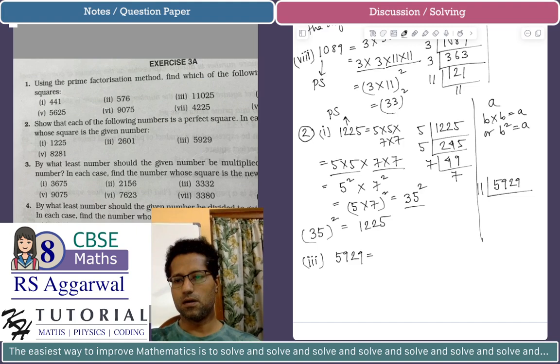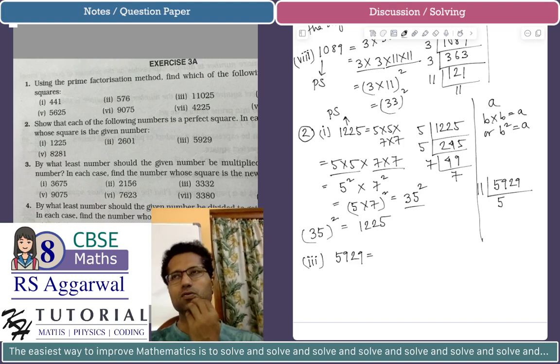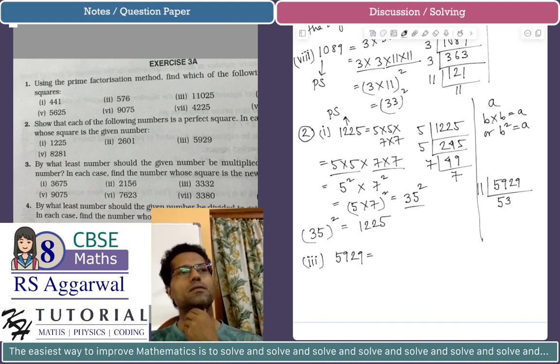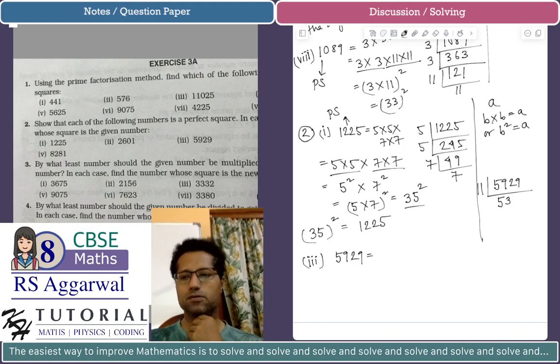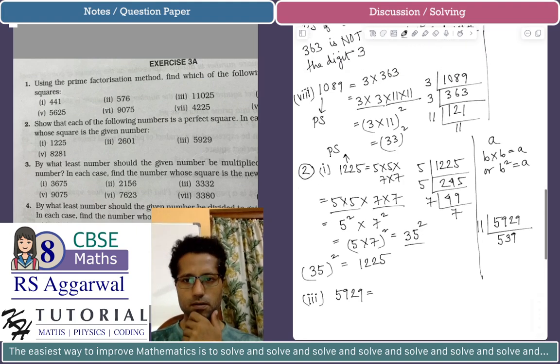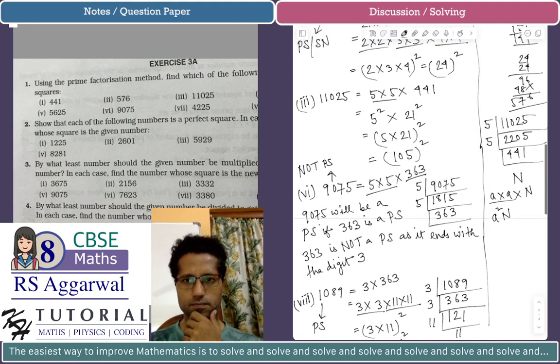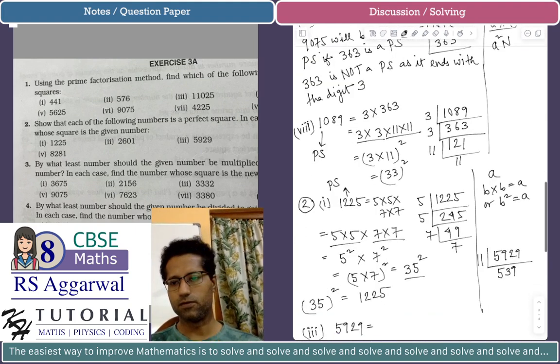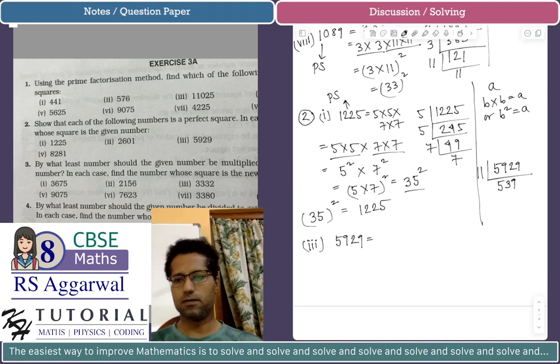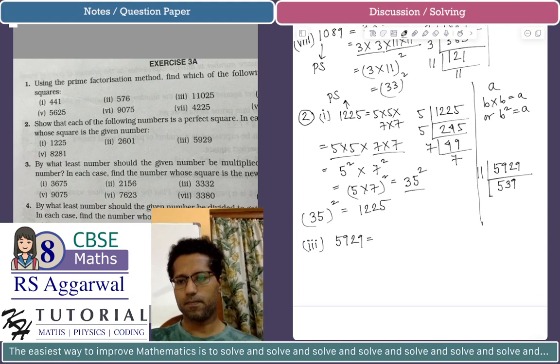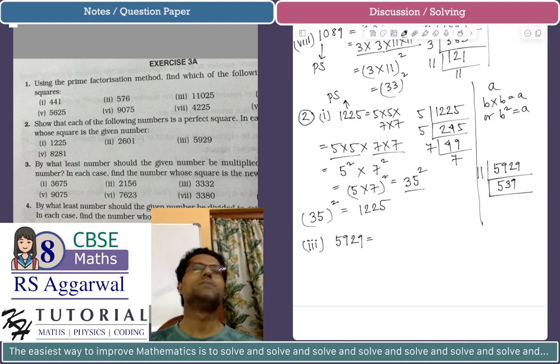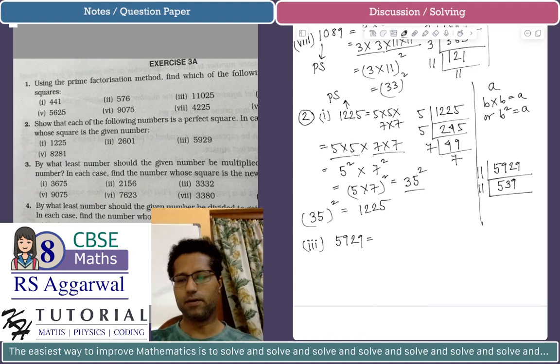Let's see. 5929 divided by 11 is 539. And will 539 divide by 11? Yes, it is again dividing by 11.